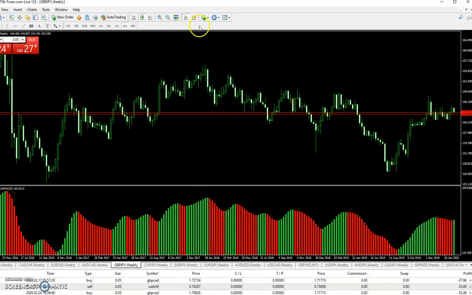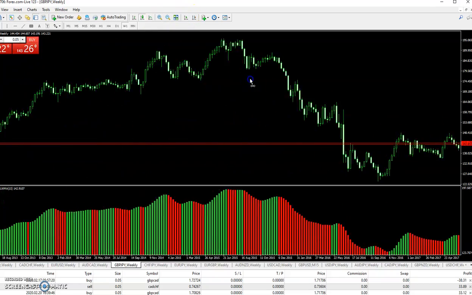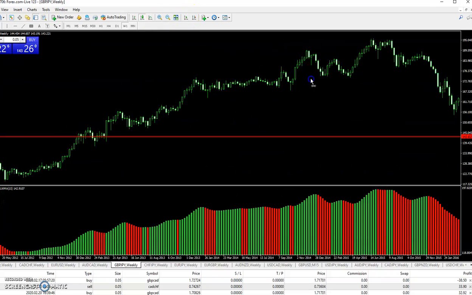Let's see what this one is. I look at so many charts, I forget why I drew these lines, but I can probably figure it out. Or maybe I was on a daily time frame when I drew this.